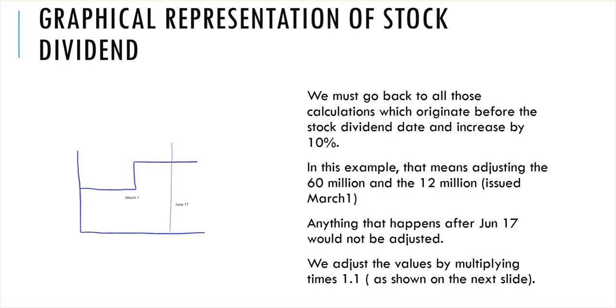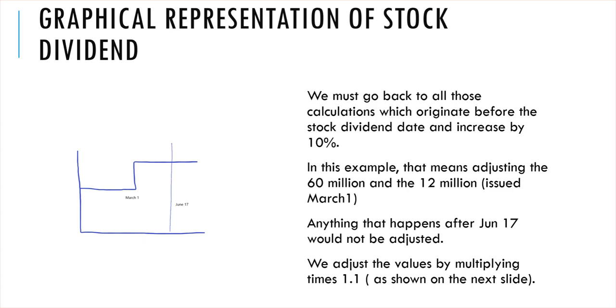Now, here is the graphical representation of what we talk about if we have a stock dividend. And I apologize, this graphing here might be a little bit small. But we are saying that we have the same problem as we had before. We have a bump up on March 1st for those new shares that are issued. But we are going to add a little complexity to it by saying that we have a stock dividend, a 10% stock dividend.